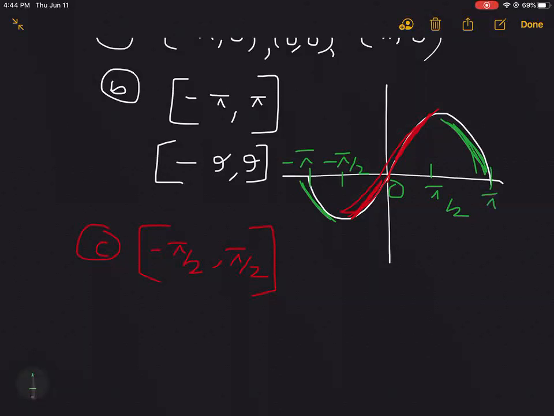So looks like from negative pi to negative pi over 2, and from pi over 2 to pi, right? So these are the intervals where our function is decreasing, okay? And of course, as it covers the entire region, we can say there is no place where it's constant, right?